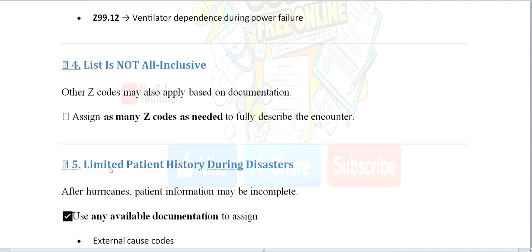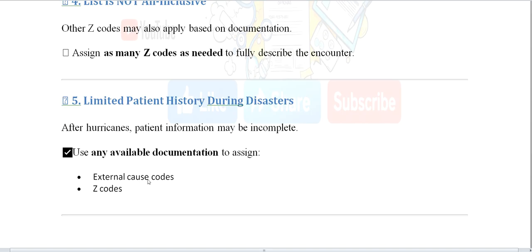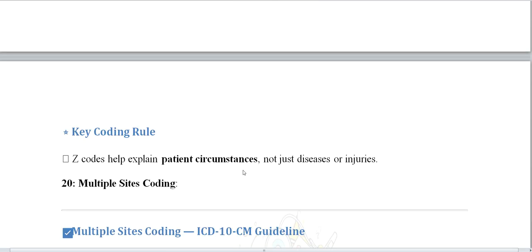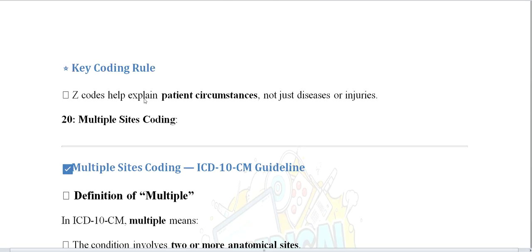describe the encounter. Limited patient history during a disaster: after a hurricane, patient information may be incomplete. Use any available documentation to assign external cause codes and Z codes. Key coding rule: Z codes help explain the patient's circumstances, not just the disease or injury.